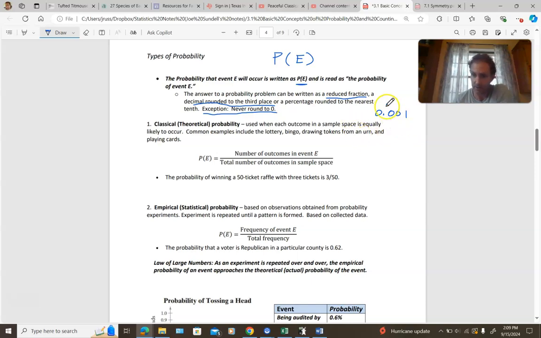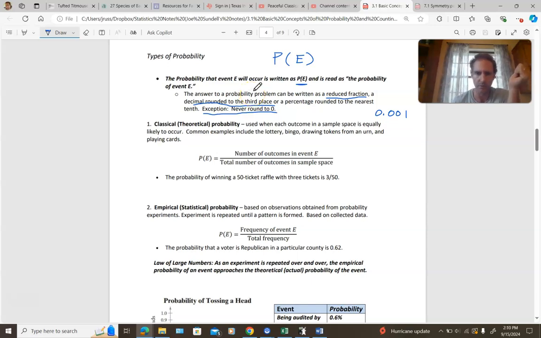You would not round this down to zero, because if you do, what you're implying is that it would be impossible for that event to occur. So as long as there's some probability there, you cannot round it down to zero. In fact, you could have 1,000,000 zeros and then a 1, and you still don't round it down to zero. That's a bit of an extreme example, but all right.